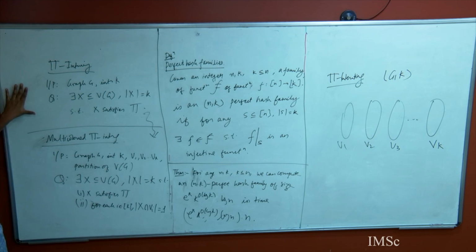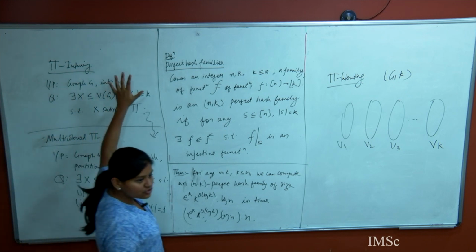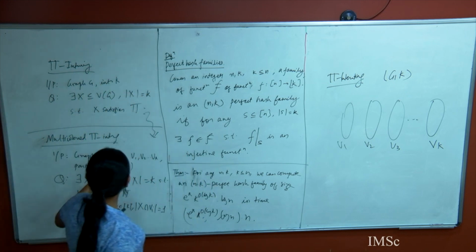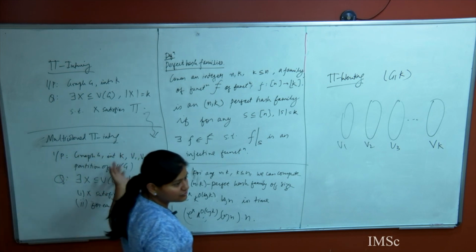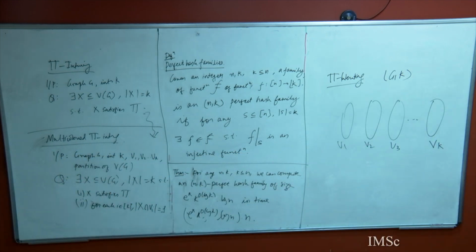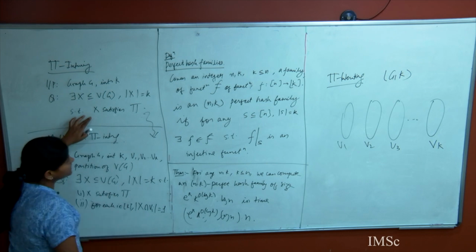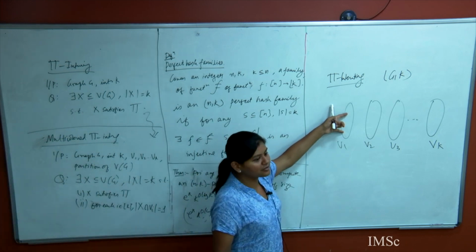So the problematic direction is going from here to here. Given a solution for this instance, how can I show that there still will be a solution for this? We cannot do it directly, because maybe all the vertices in X are present in V1 for some reason.